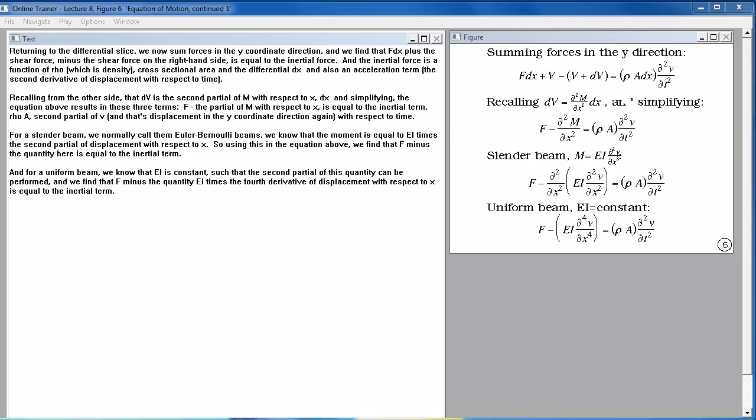The inertial force is a function of rho, which is density, cross-sectional area, and the differential dx, and also an acceleration term, the second derivative of displacement with respect to time. Recalling from the other slide that dV is the second partial of M with respect to x times dx, and simplifying, the equation above results in these three terms.